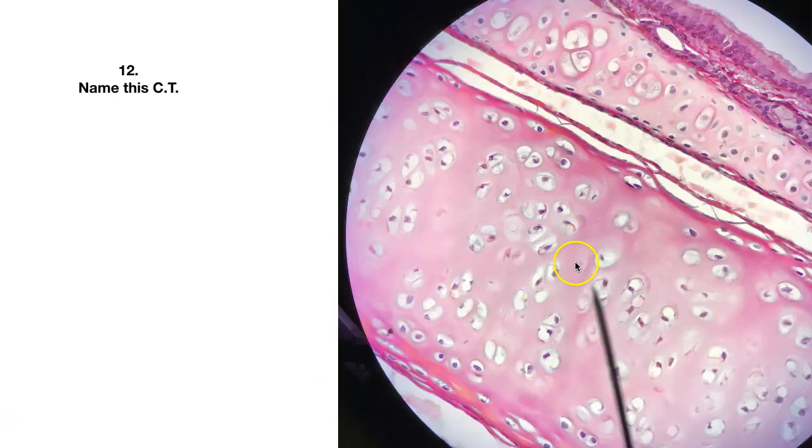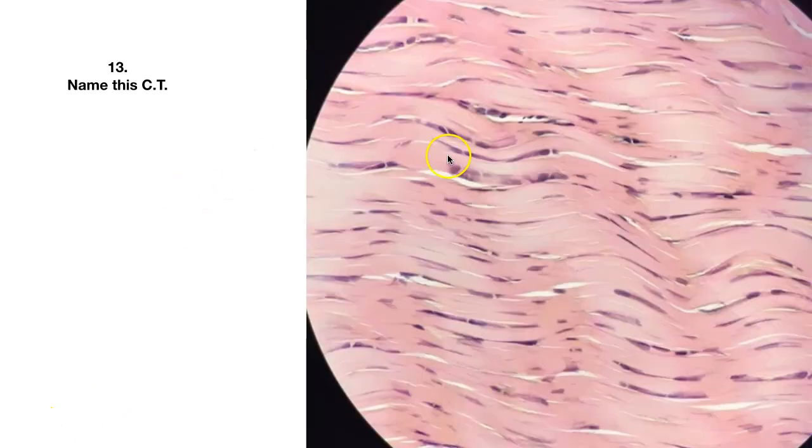This is a beautiful picture of hyaline cartilage. Beautiful picture of dense, regular connective tissue. You can see those fibroblasts, the flattened nuclei of the fibroblasts. This is all collagen arranged in a parallel fashion.